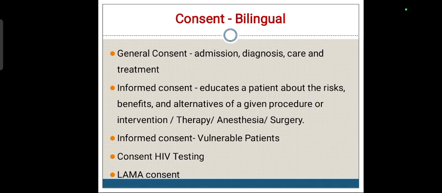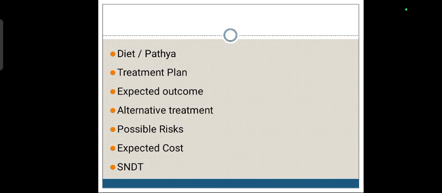Then informed consent, that it educates a patient about the risk, benefit, and alternatives of a given procedure or intervention, therapy, etc. Informed consent in case of vulnerable patients is also important. Consent for HIV testing and LAMA consent. These are important documents. Wherever applicable, they must be included in the medical records.